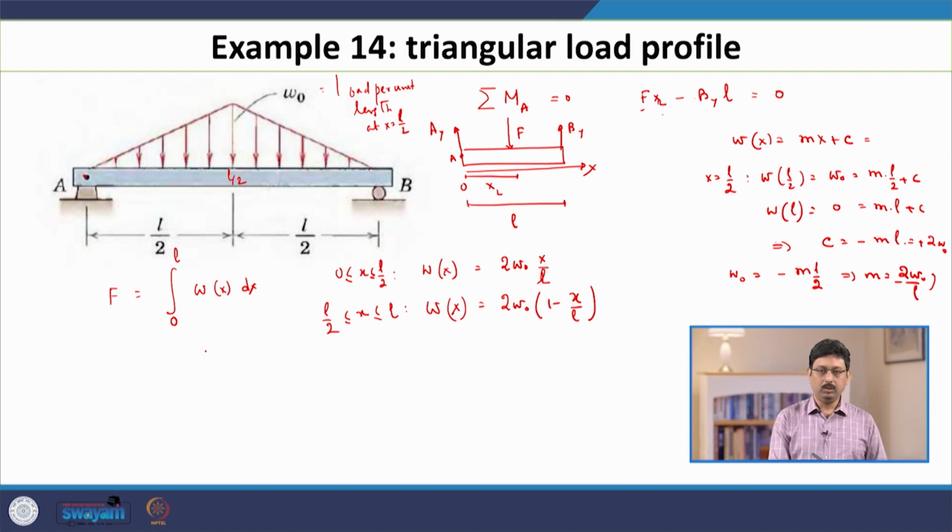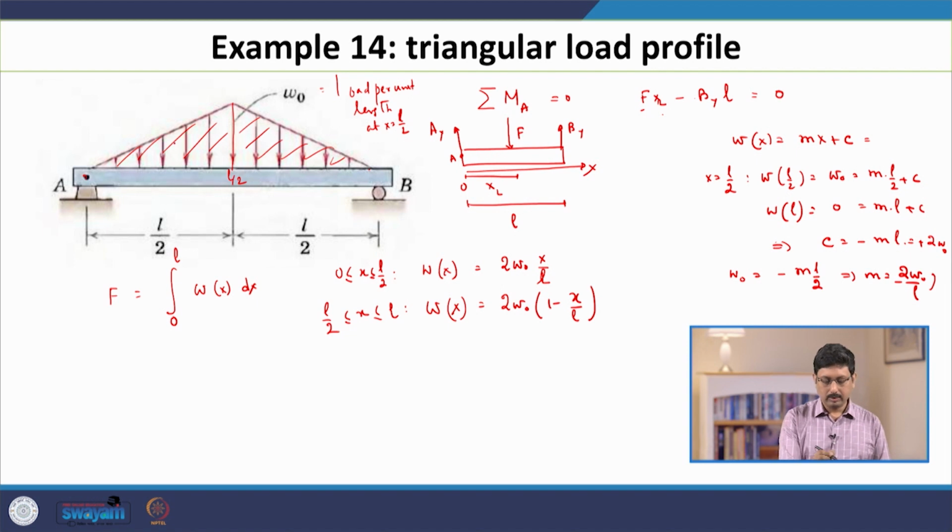Now, you can go a lengthy way and plug in these two equations and do the integration, or we can look at it geometrically in a quicker way. As you can see, the total force is the area under this curve, and the area under this curve is nothing but the sum of the area of this triangle and the area of this triangle.